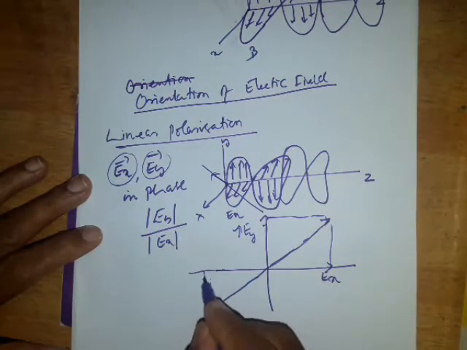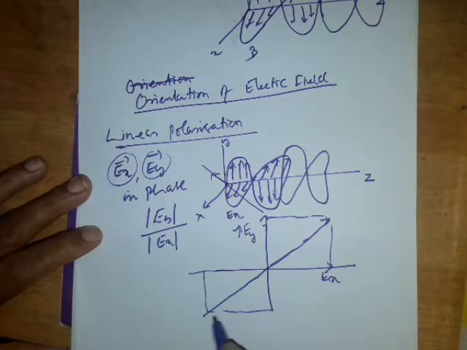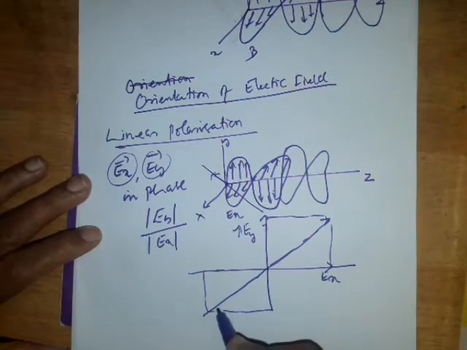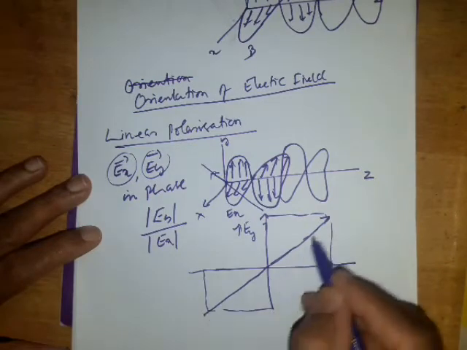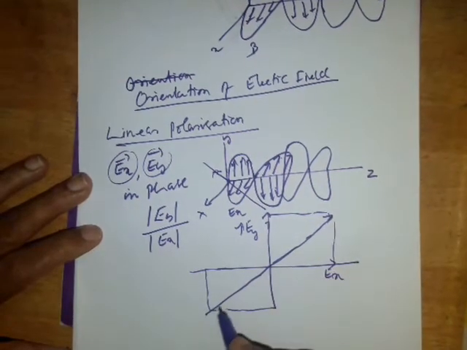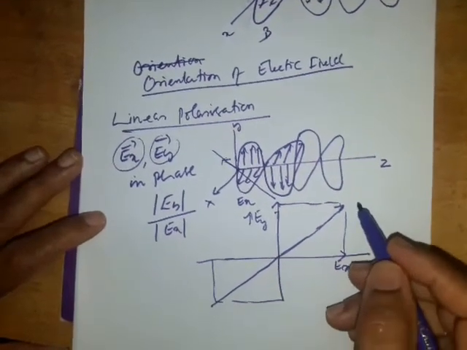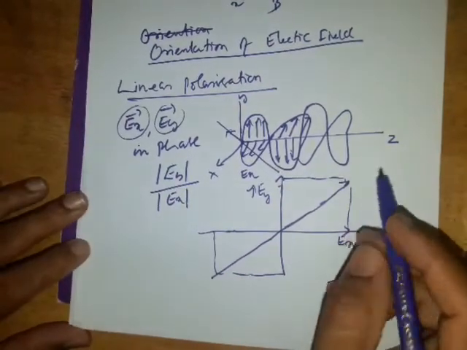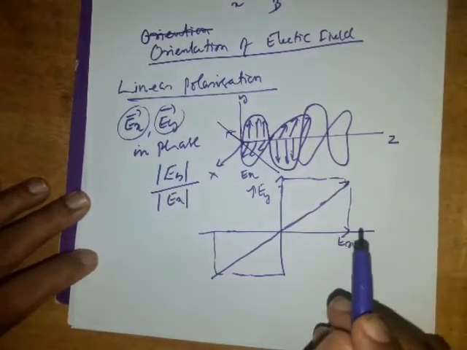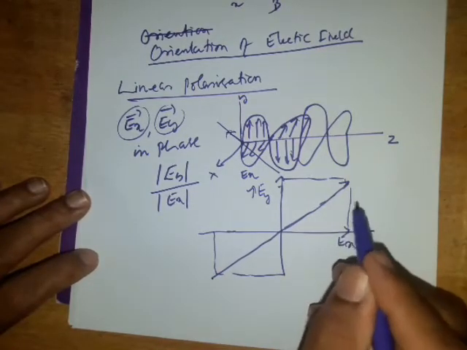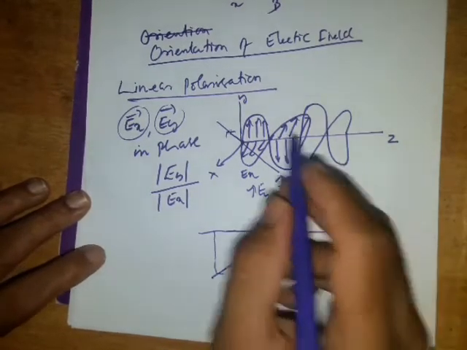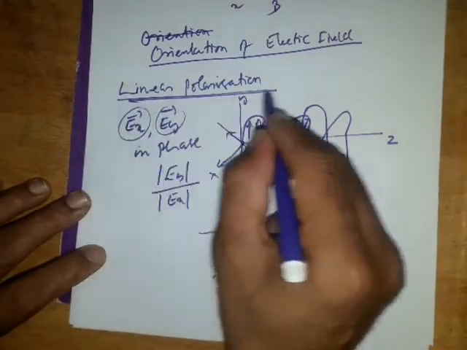Of course it is in the reverse direction, and you see the resultant vector is tracing a path which is a straight line. So that's why such an electromagnetic wave is known as a linearly polarized wave.